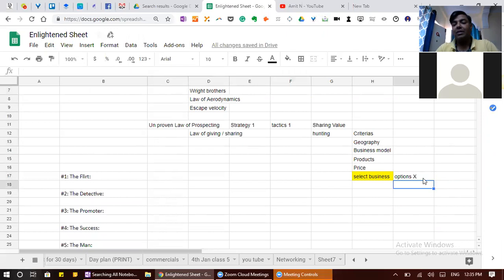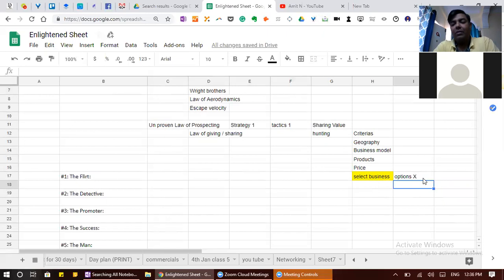Geography does a lot of things for you, right? It also gives you ideas on how much you have to commute, and helps you understand the language of those areas, the ethnicity, the culture, the buying processes. So geography answers many such questions. The business model, products, price, and many other things can be there.